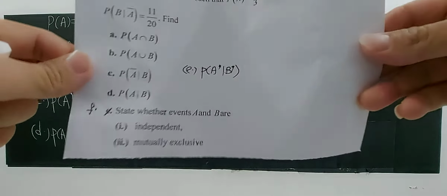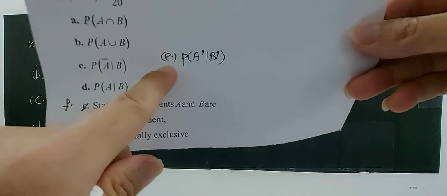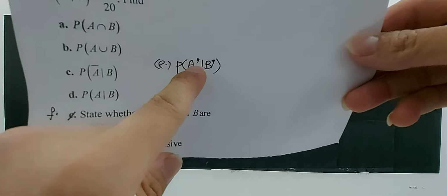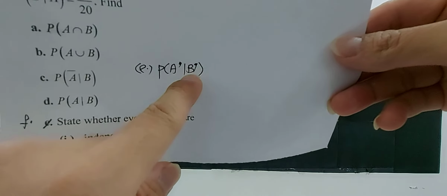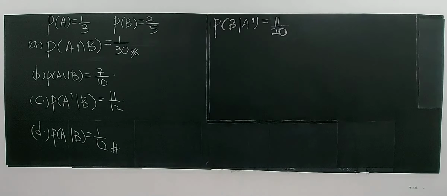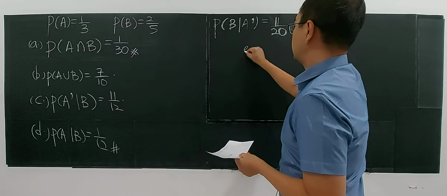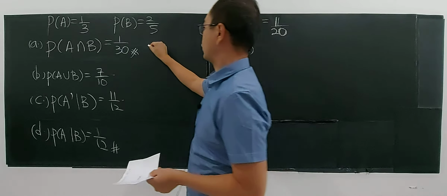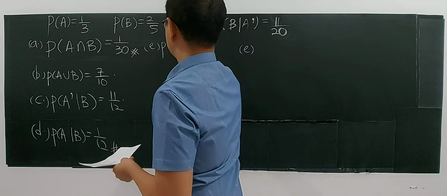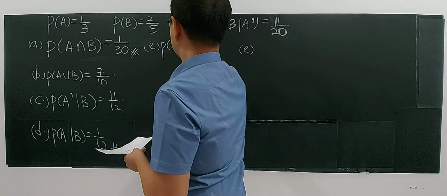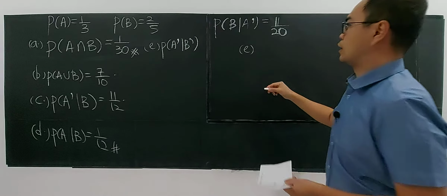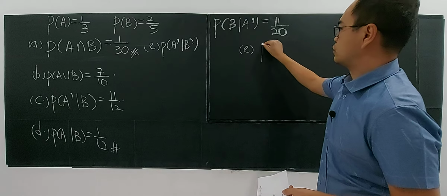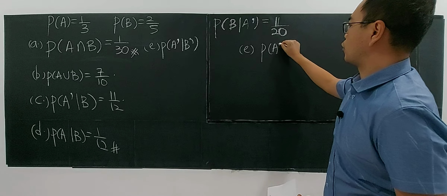I have modified the question by adding one more item: the probability of complement of A given complement of event B. So for this, how are we going to do it? For part E, they are asking us to find the complement of A given that complement of B. Very simple, you still apply the same formula for conditional probability.